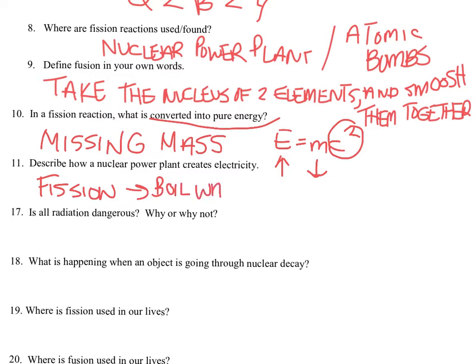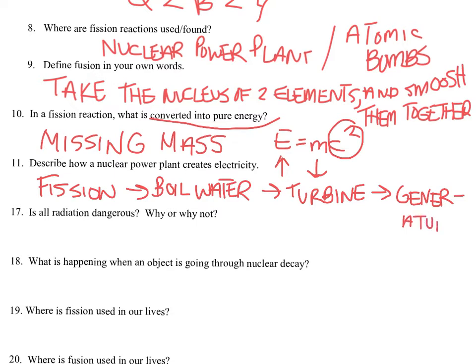When we boil water, what is boiled water? It's steam, right? So that steam that becomes high pressured is going to turn a turbine, right? So the next phase is that high pressure steam turns the turbine. And what's that turbine connected to? A generator. That generator is then going to spin and create electricity.